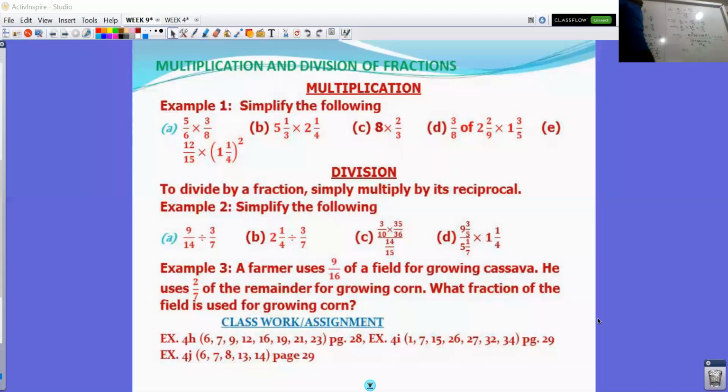Over the denominator, I have 2 times 4 times 2. I hope you can see the board. So at the end of the day, 1 times 5 times 1, that should be 5. Then 2 times 4, 8. Then 8 times 2, that is 16. So my final answer is 5 over 16.